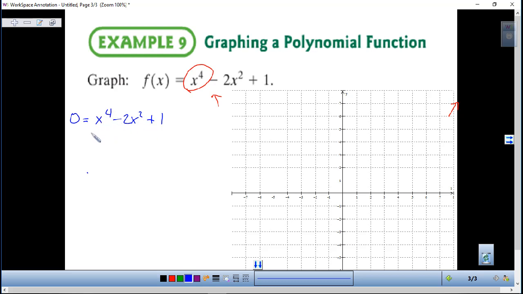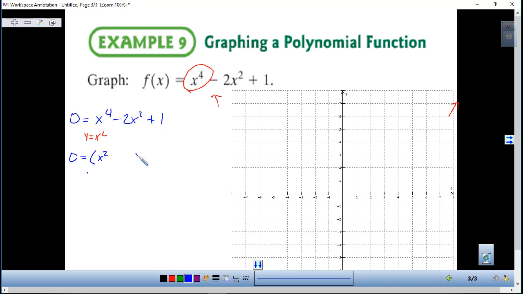Remember, you can always put in a y. Let's say y equals x squared, and then we would get y squared minus 2y plus 1, easily factorable. Now I'm not going to actually do that. I'm just going to go ahead and factor it.